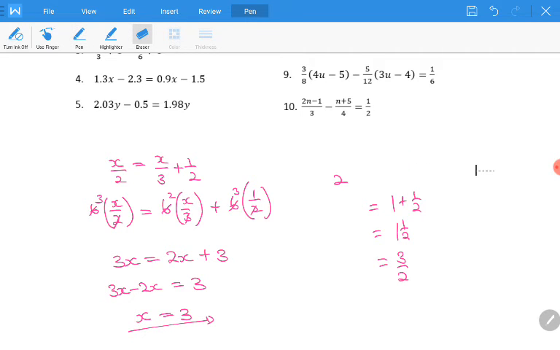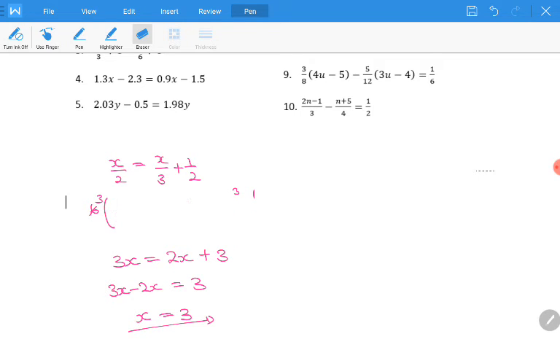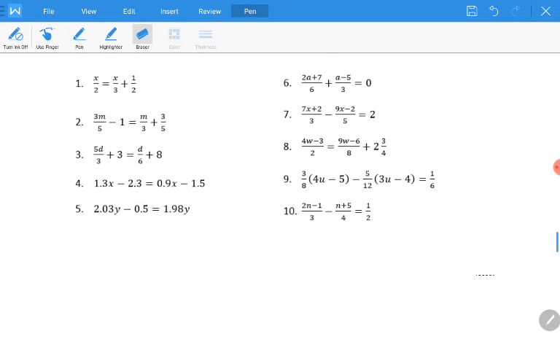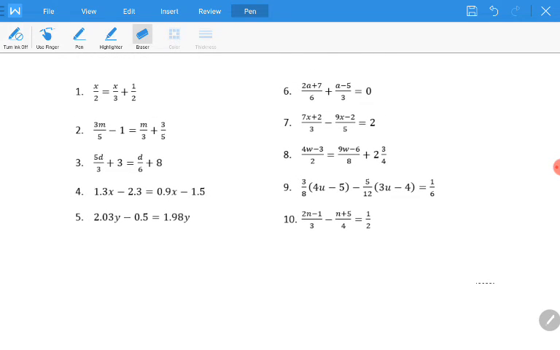So I'm going to rub off this question. Our answer, the value for x for question number 1 is 3. So you can see for yourself that equations are not that difficult to work with.